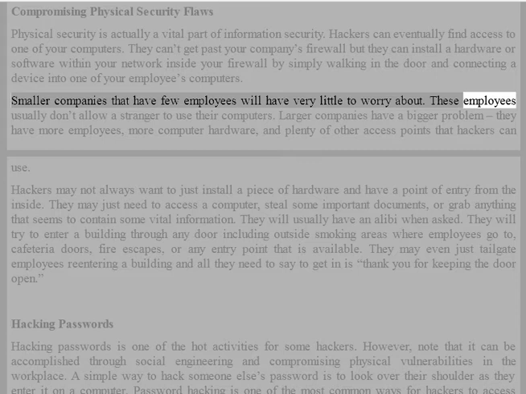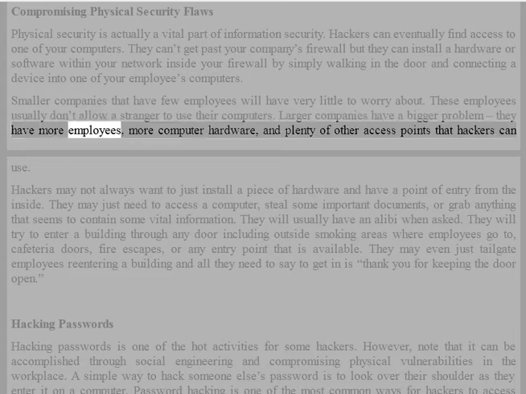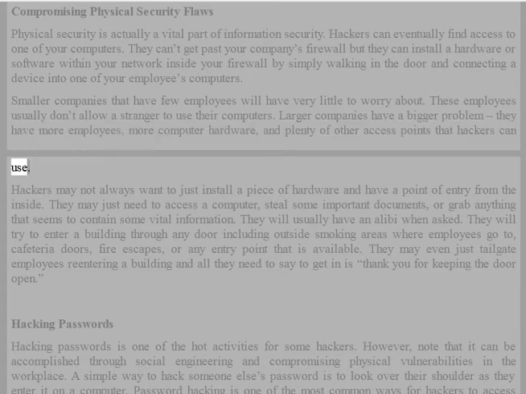These employees usually don't allow a stranger to use their computers. Larger companies have a bigger problem. They have more employees, more computer hardware, and plenty of other access points that hackers can use.